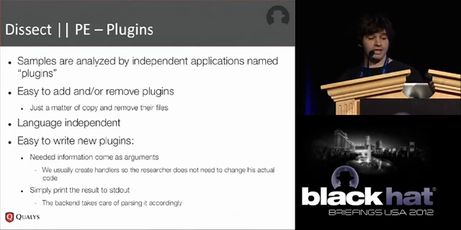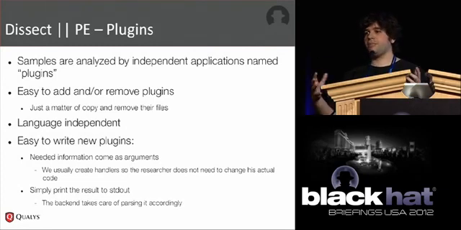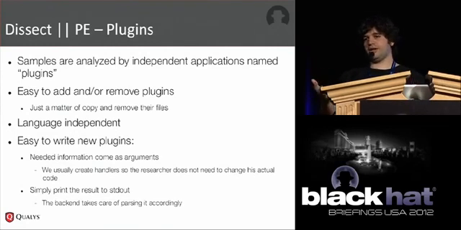Additionally, it's very easy to write plugins, as I will show in the next slide. And they are language independent. We currently support some languages, but if a researcher wrote a plugin in another language, okay, just talk to us, and we can implement the architecture for certain algorithms to work in our backend, okay?